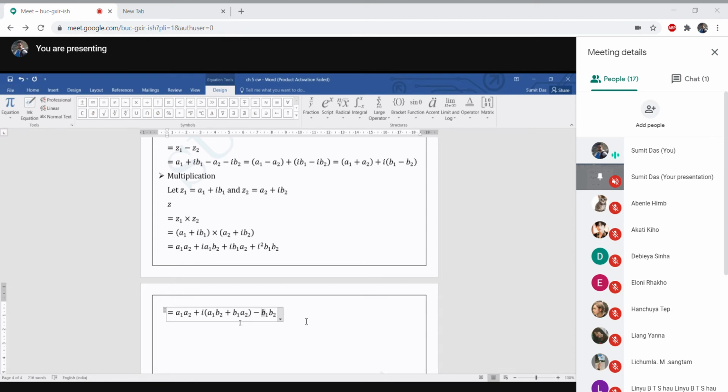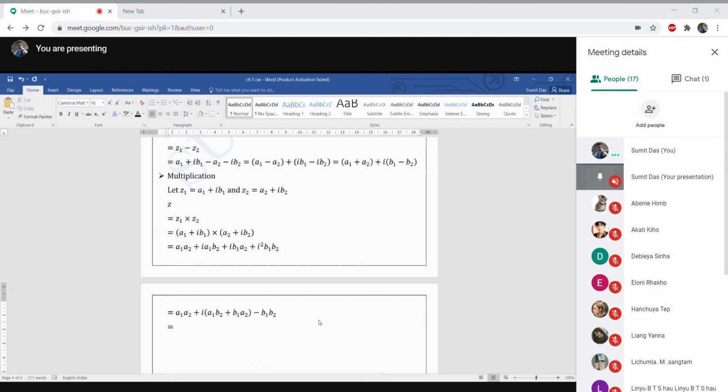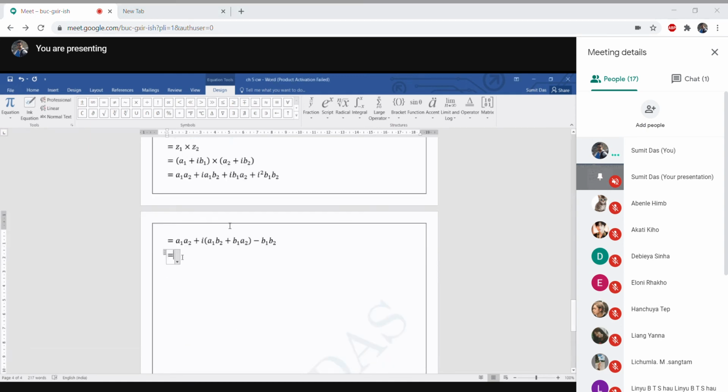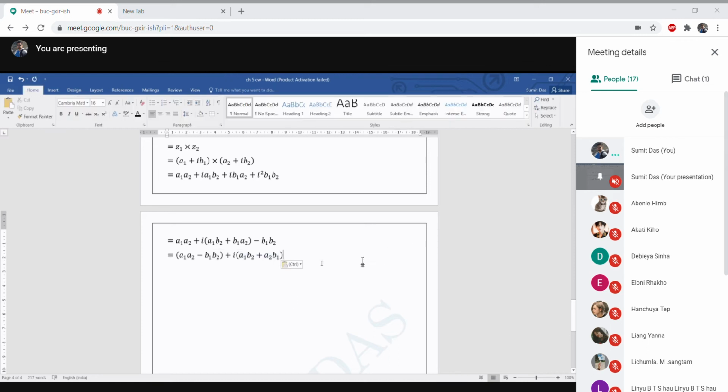If you rearrange this, it looks like a1 a2 minus b1 b2, this is one part, plus i times a1 b2 and a2 b1. Okay, this is our product.